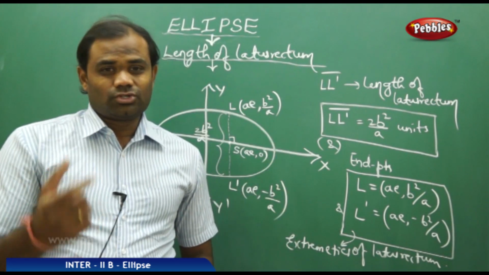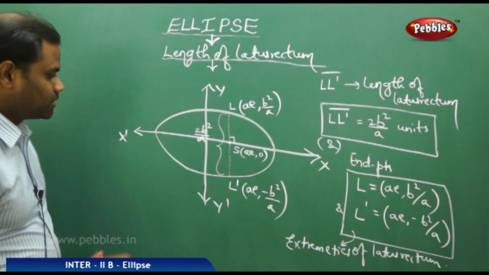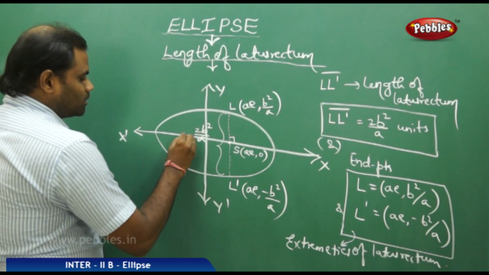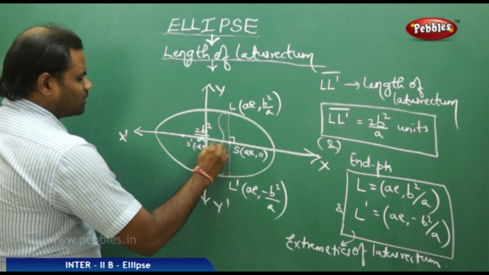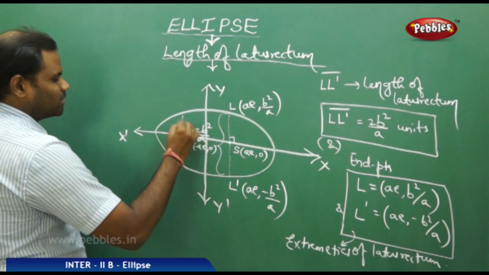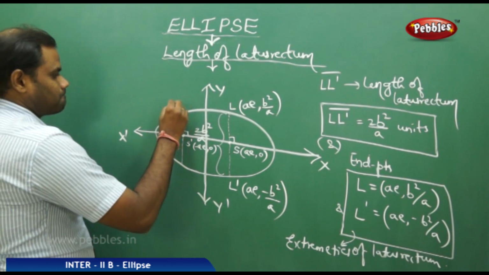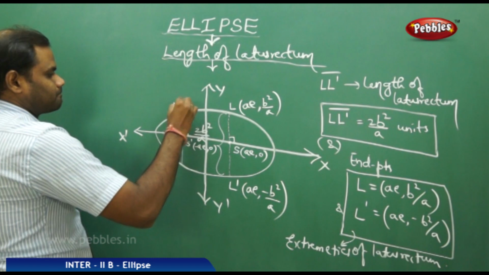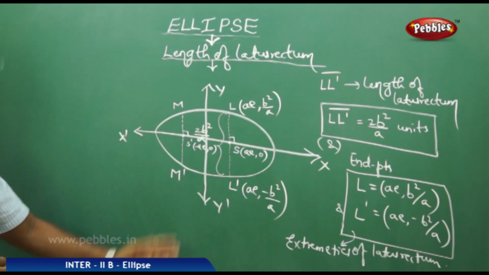Now, since there are two latera recta, one of the latus rectum being LL dash, the other latus rectum would be here with S dash being (minus ae, 0). Therefore, if I join this and if this is perpendicular to the major axis, then the latus rectum MM dash is called the other latus rectum on the negative side of x-axis.